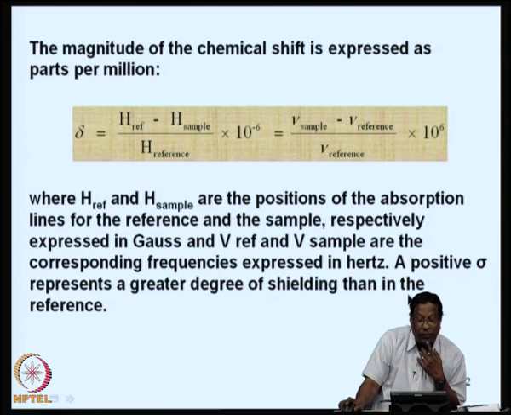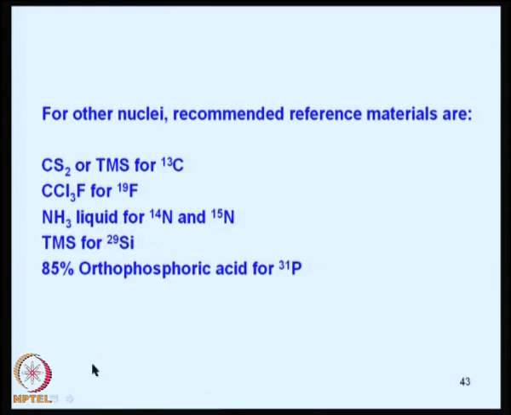So, a positive delta shift represents a greater degree of shielding than the reference. If it comes on the right side, then we know that it is a positive shift.